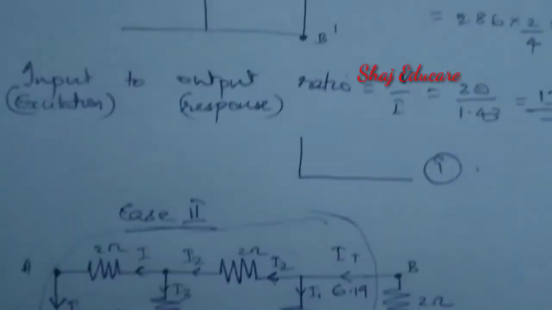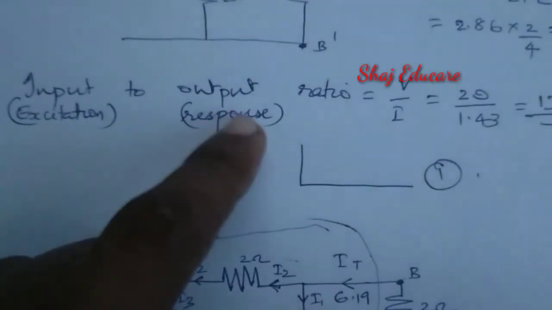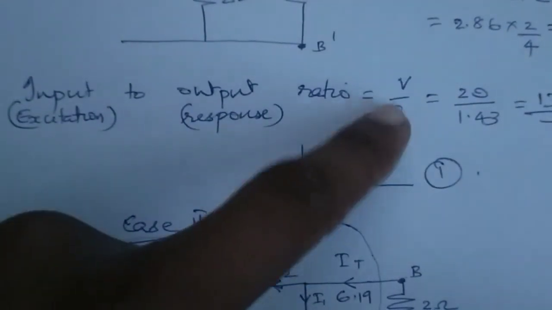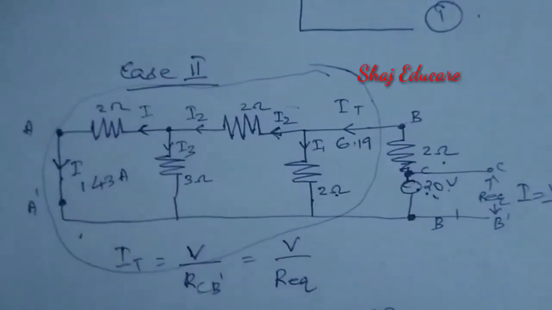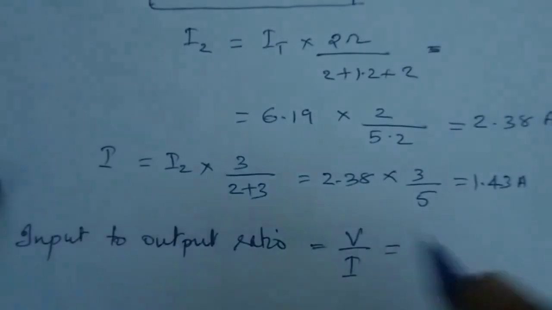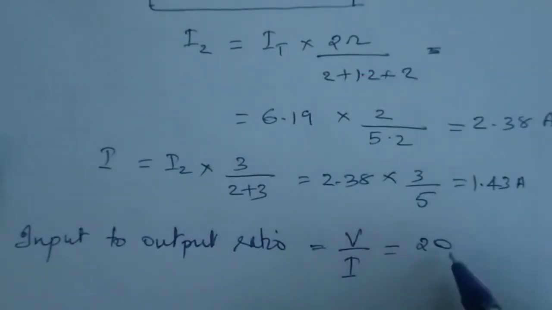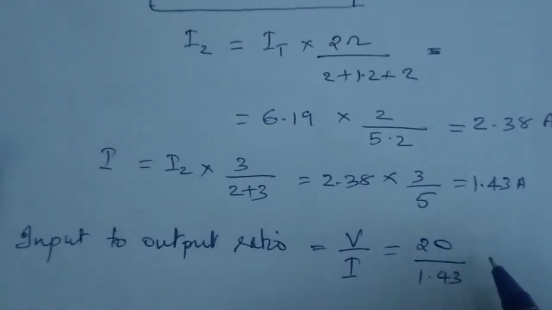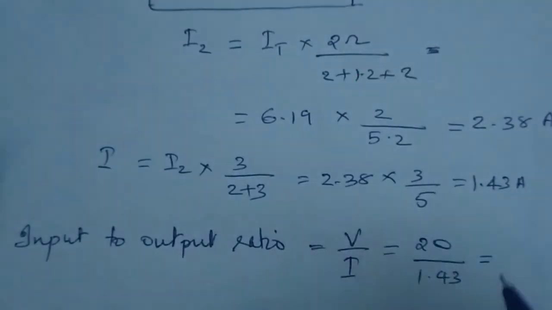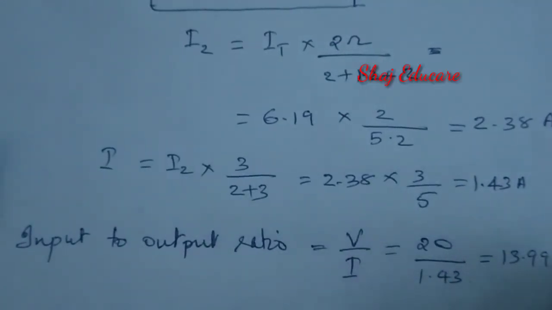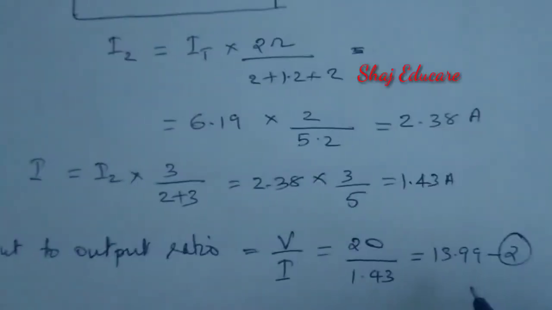So in the previous case, we found the ratio between V by I. In case 2 also, we have to evaluate the V by I ratio. V is equal to 20, and I here is 1.43, so that is equal to 13.99. Mark it as equation number 2.